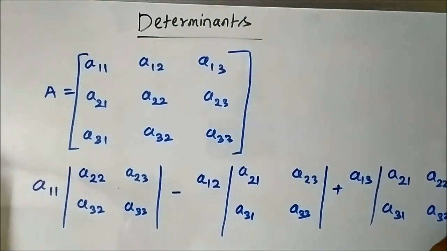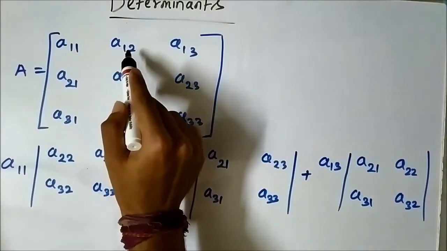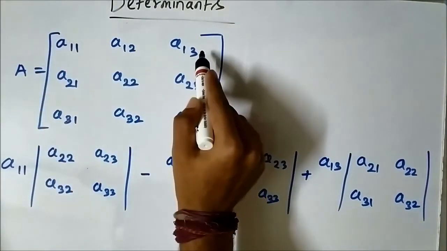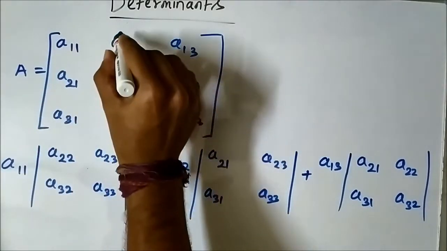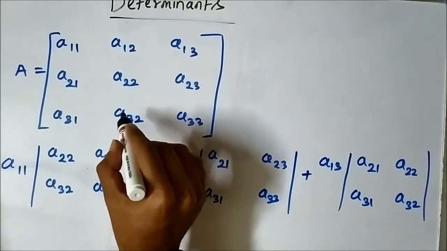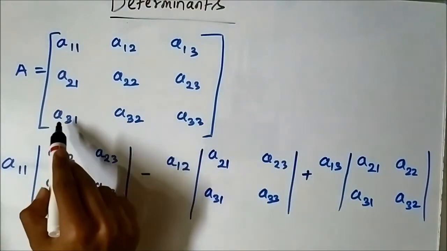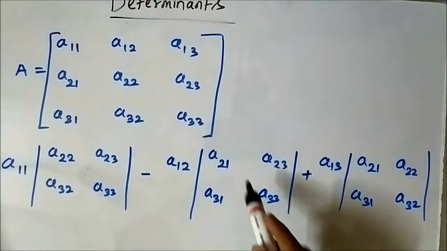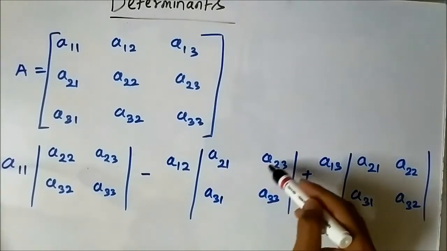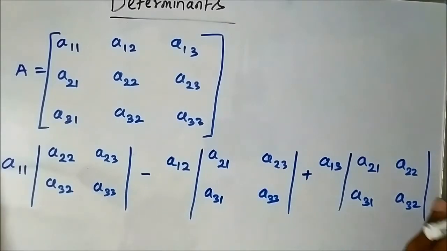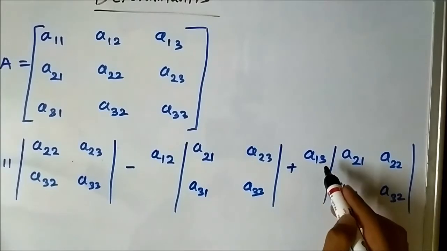Similarly for the element A12, we will completely remove the first row and the second column, and we will consider the remaining elements, that is A21, A23, A31, A33, and evaluate the second order determinant, multiplying the principal diagonal elements and then subtracting them.